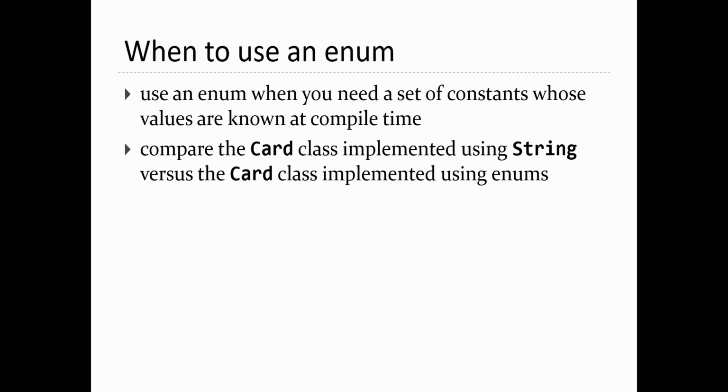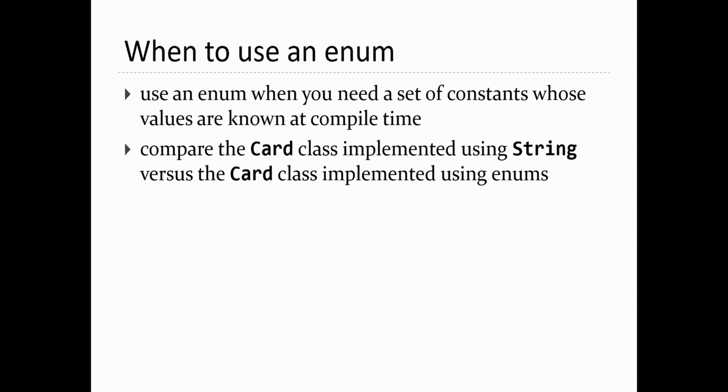If you have a set of constants, so enumerations represent a set of constants that you know at compile time, that's basically what they are. So the card class in the notebooks, there's a bunch of different versions of them. One of them uses a string for the suit, and it uses a string for the rank, so 2 through ace, and a string for the suit, so hearts, diamonds, clubs, and spades.